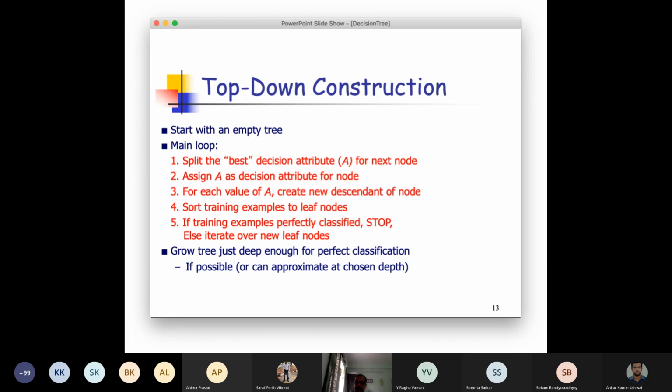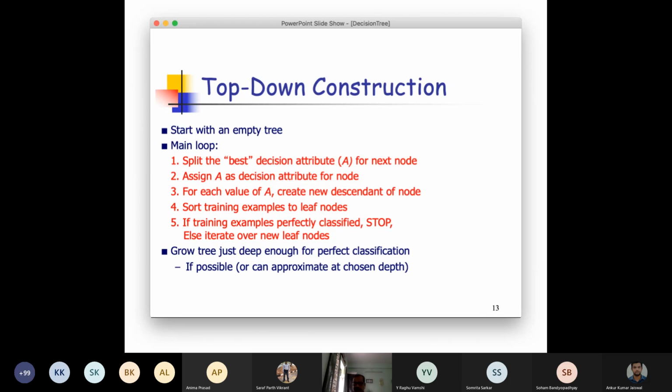That's why, instead of going that deep into a decision tree and satisfying every training example, we try to see that largely the tree nodes should have at least a certain number of examples. Every node should contain a certain number of examples at the end. Pure nodes should be of sufficient strength.